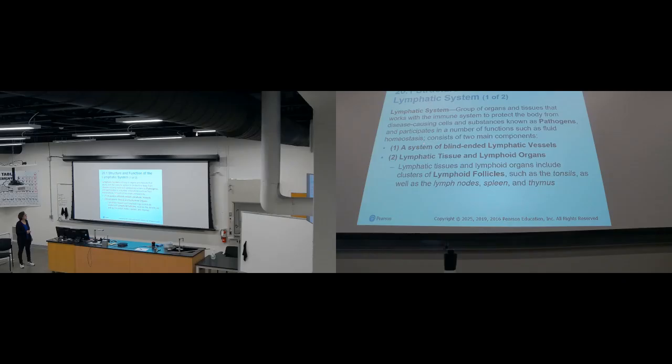Now we have in this system a fluid, the lymph, that is carried from the excess of interstitial fluid that was given by the capillaries to our cells. Then that fluid is carried in a system of blind-ended vessels that we call lymphatic vessels.